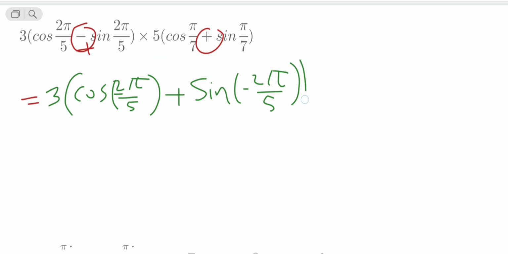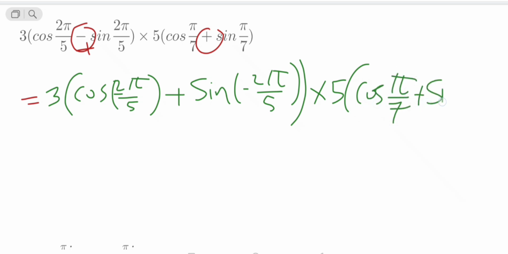Then multiply 5 bracket cos pi over 7 plus sine pi over 7. After writing it in, because both signs should be plus, if there is a negative like that we can convert it into positive. Now we will add.